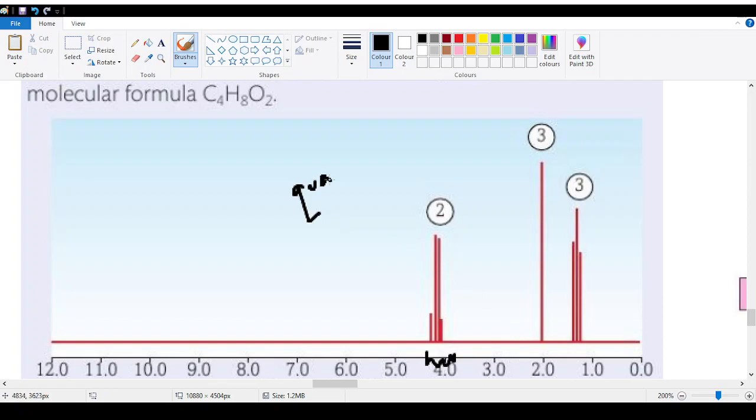Can you tell me if you agree? I can see a quartet because there are four individual smaller lines, something like this. Yes or no? Yeah. So we agree that this is a quartet. So how many neighboring hydrogen atoms are there?